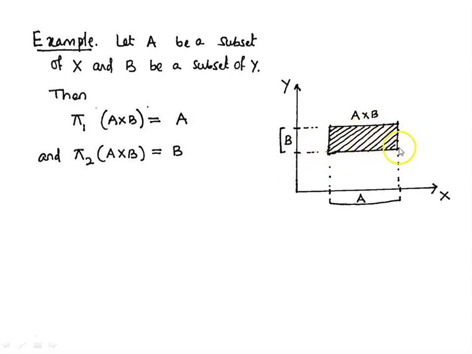This shaded region is our A cross B. Then pi1 of A cross B. If we operate the projection map pi1 on this subset A cross B of X cross Y, then we get this A. Similarly, if we operate second projection map pi2 on this set A cross B, then we'll get B, the elements of Y coordinate.